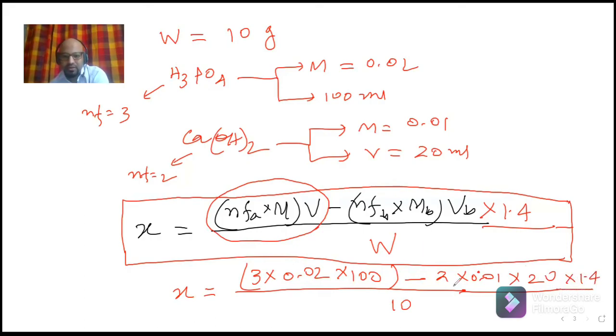Now check whether it is right or not. Everything is written down. So let me put it in a bracket. Now see how much result is coming out. I'm doing it with the help of a calculator.